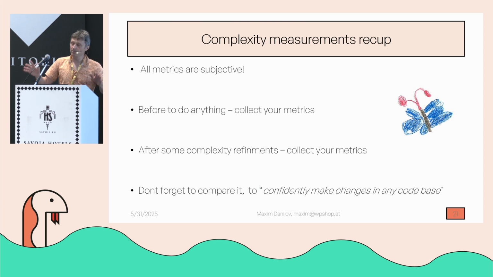Okay, recap about measurement: all metrics are subjective. And before doing anything, please collect some metrics. After refinements, please collect some metrics and don't forget to compare them. For example, you can find the article about Dropbox.